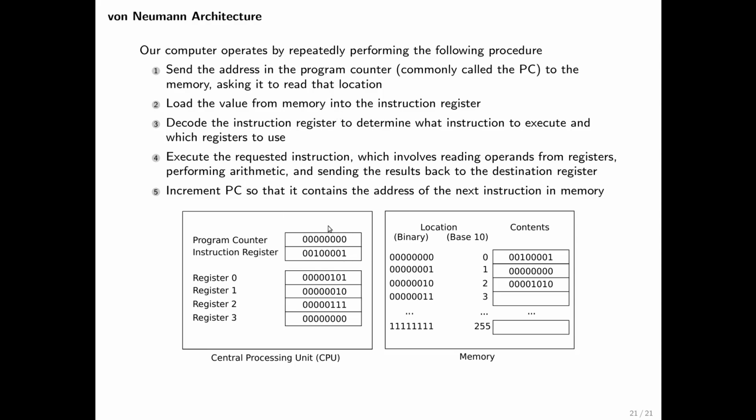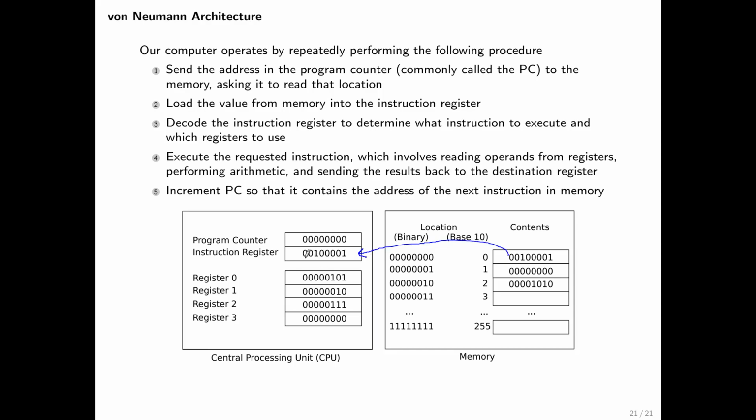So let's look at a concrete example. So here what we have is the CPU and the main memory, and the program counter has this value, which is the location in memory where the next instruction can be found, and that instruction is fetched into the instruction register. Okay, and that's the instruction that is first decoded.